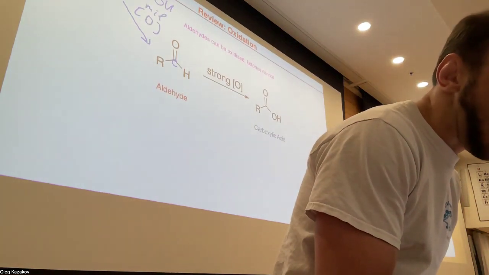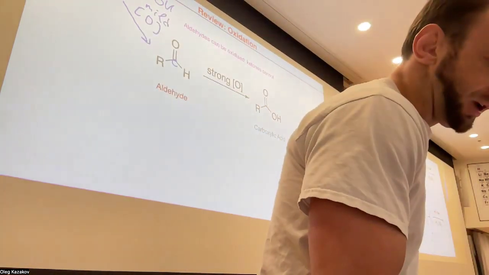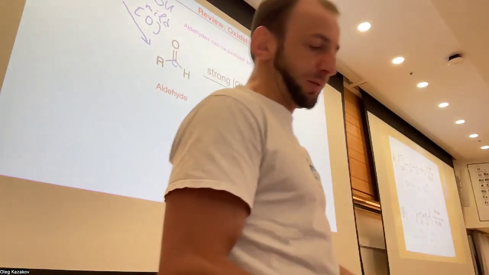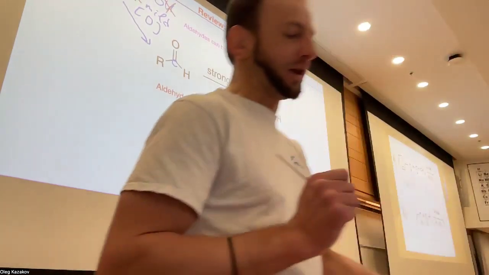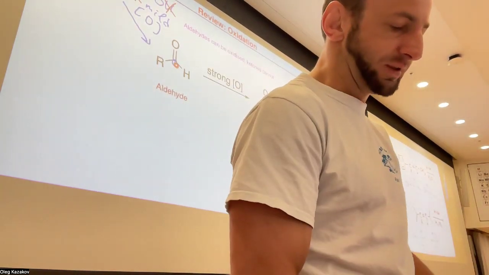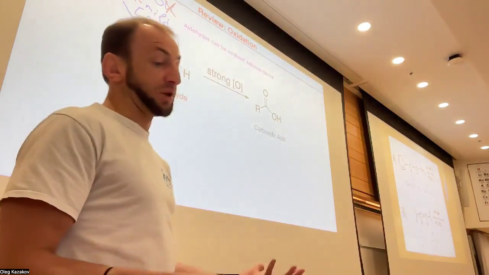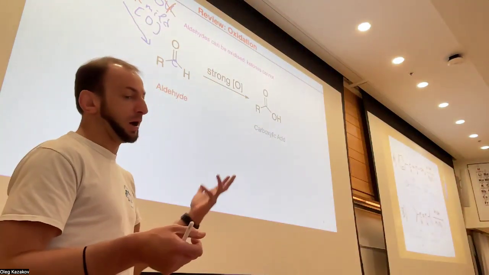Typically, with a mild oxidizing agent, we just remove only H's, right? So we basically remove one H from here and this guy, and now you have your CHO piece, which is going to be the aldehyde, right? So that's how oxidation works for alcohols.